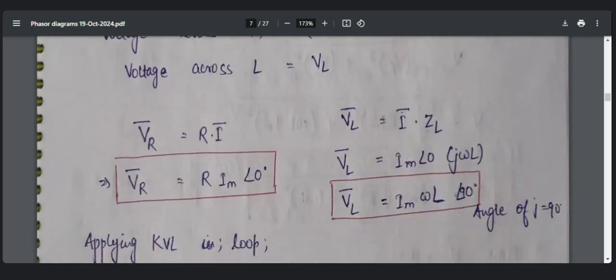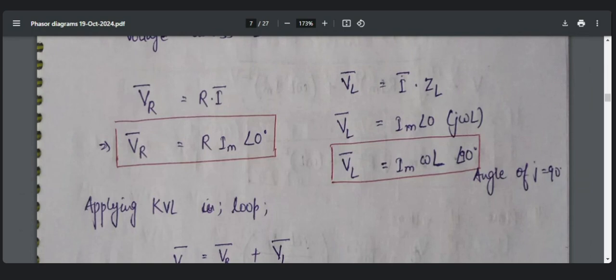We need to find VR, that is the voltage of resistance in terms of phasor, VR bar. Similarly, VL bar means the phasor of the voltage of the inductor.